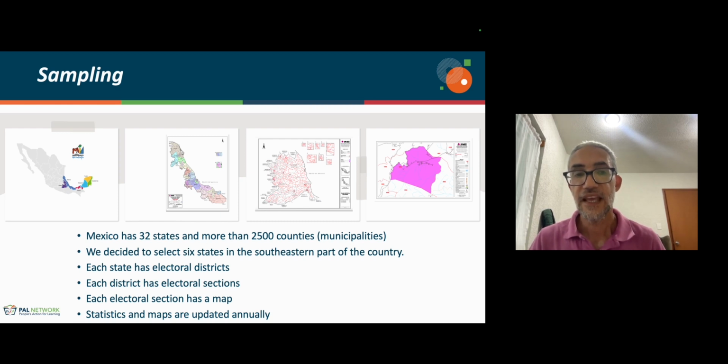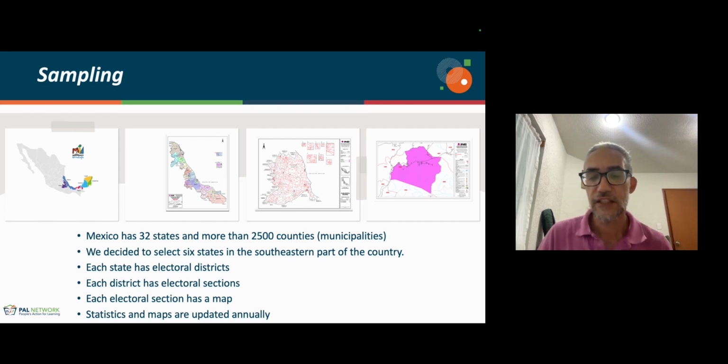And in every state we decided to work with electoral districts. For example, this is the map of Veracruz. In Veracruz, we have 20 districts, and each district has electoral sections. We sample the electoral sections of every electoral district in the selected state.